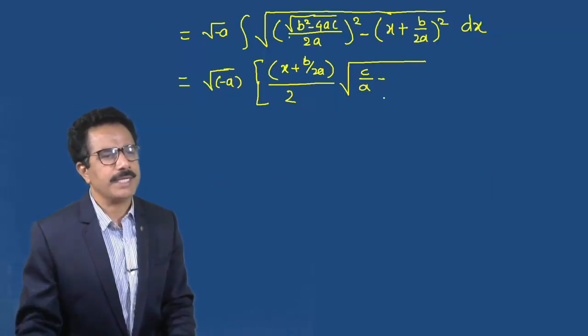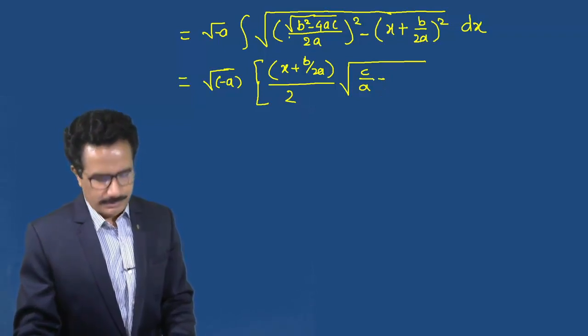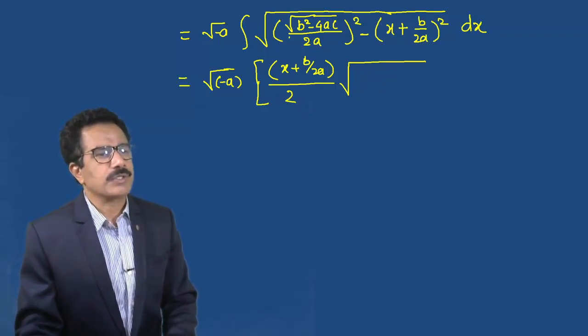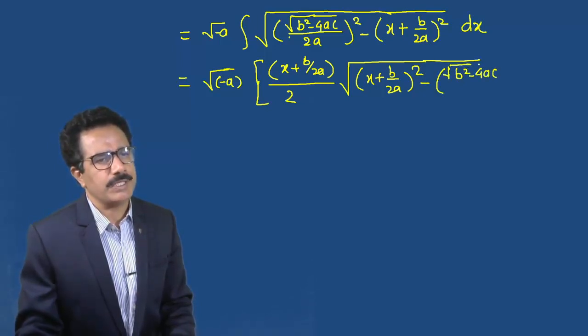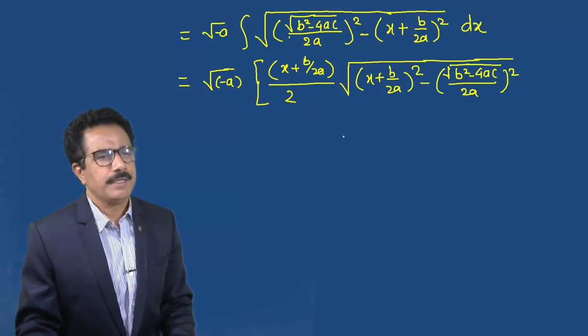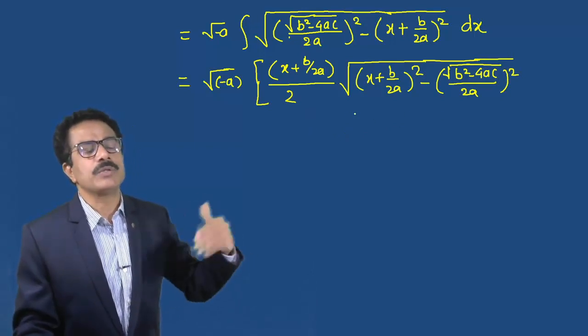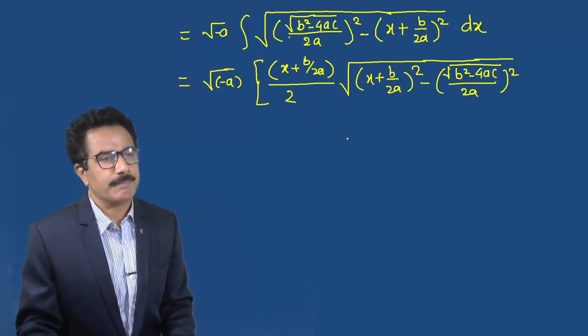So we can write this as a, where x square minus a square means (x plus b by 2a) bracket square minus a square, which means (root of b square minus 4ac divided by 2a) bracket square. Okay, x by 2 root x square minus a square.